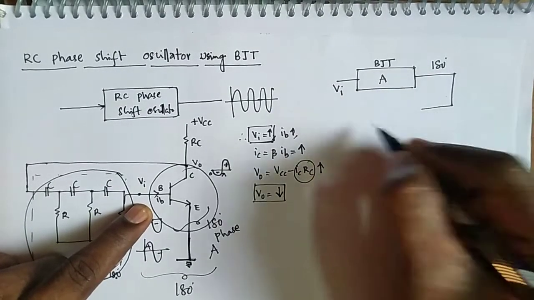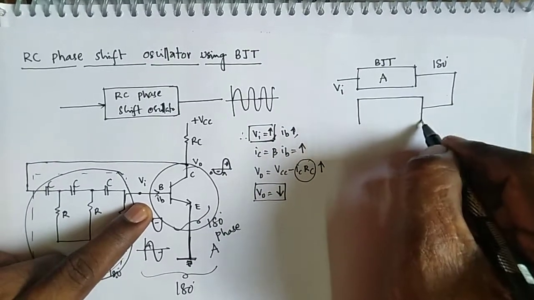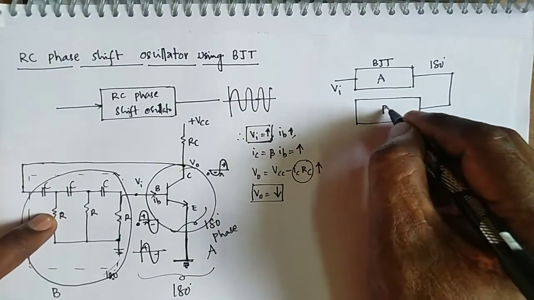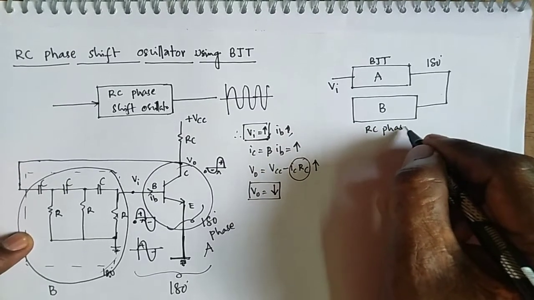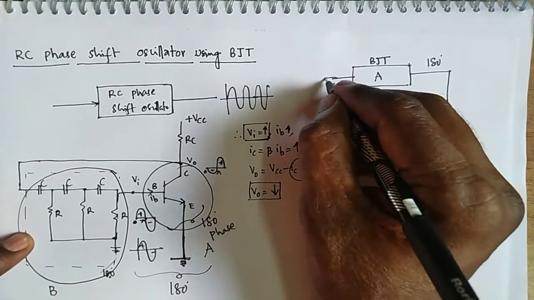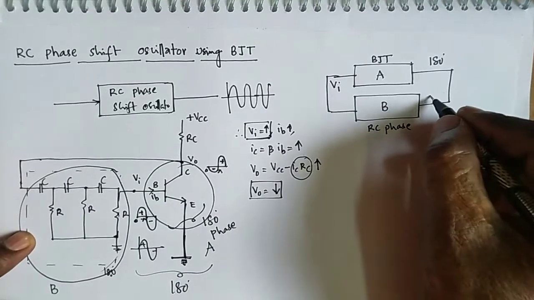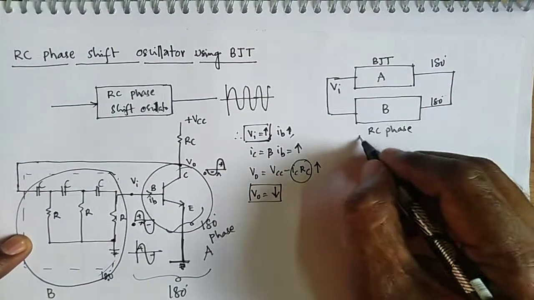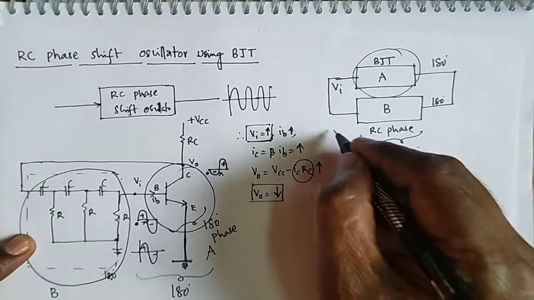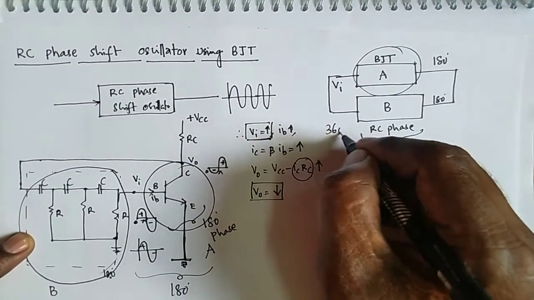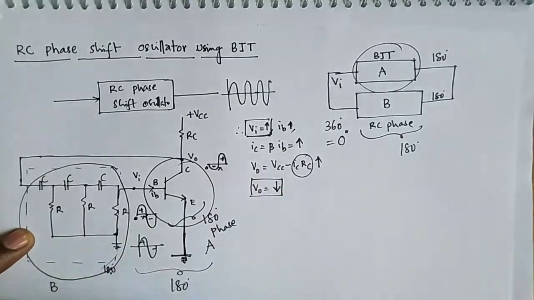This 180 degrees phase shift is connected to this, which is the B. B is nothing but the RC phase shift block diagram. Then it is connected to this. This phase shift is 180 degrees. This phase shift is 180 degrees. Finally you will get 360 degrees is equal to 0 degrees.